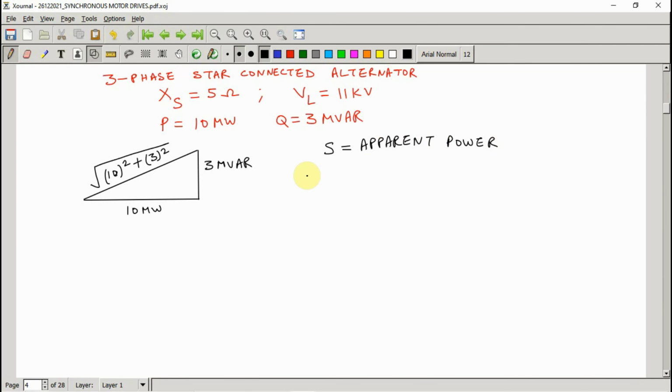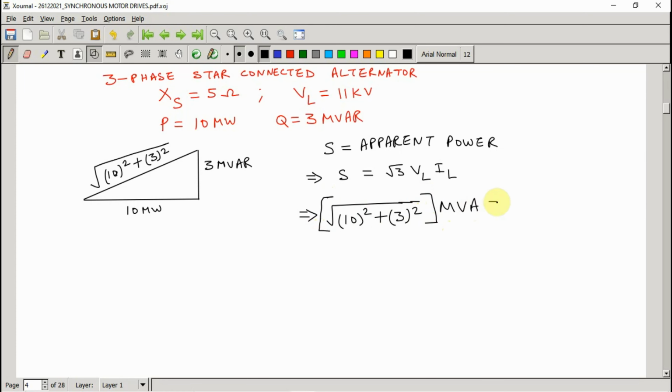What we know is that S can also be written as root 3 into VL into IL. So what is S here? S is given by the square root of 10 square plus 3 square. Mind you, this will be in megavolt ampere, MVA.